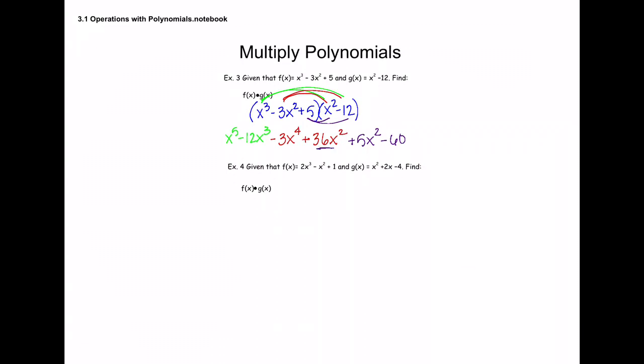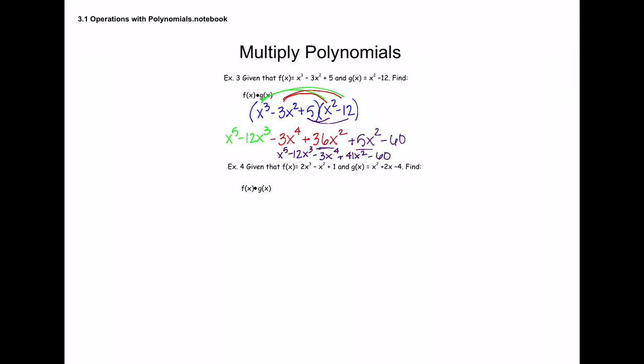The only two things we can combine are our x squared terms, so when we simplify this, we get x to the 5th power minus 3x to the 4th minus 12x cubed, plus 36x squared plus 5 more gives us positive 41x squared minus 60.